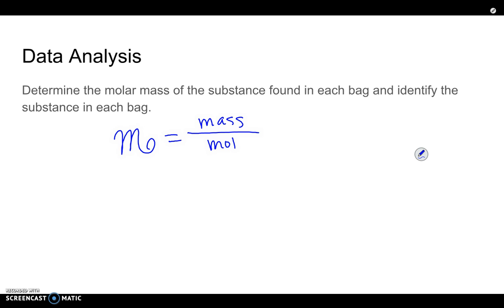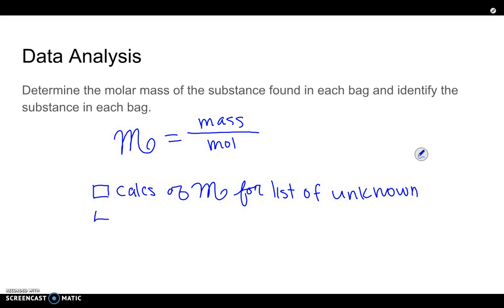So show me calcs of molar mass for the list of unknowns.